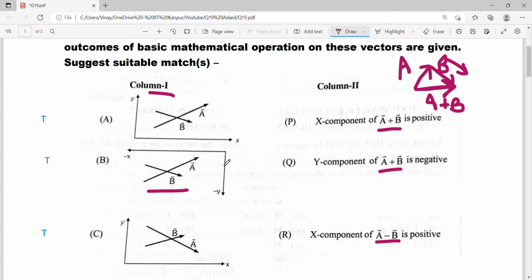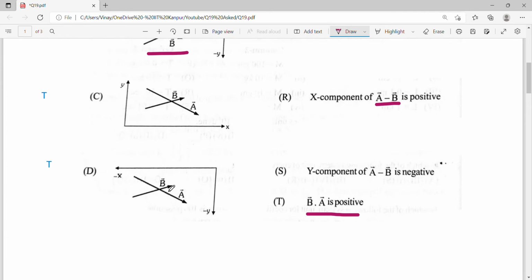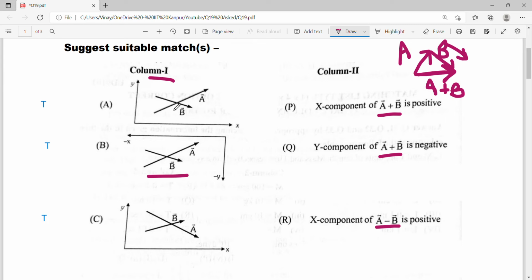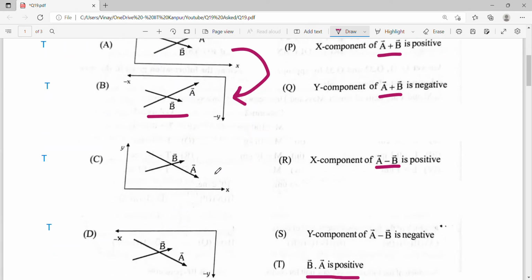Only the x and y axis. So now this x axis is negative and this y axis is negative, right? और यहाँ पे ऐसे same formation, same arrangement is here, only the x and y axis change. So what you will do, you will solve just one option and then you will try to find the answer for the other. Similarly, you will try to find the answer for A, then you will try to find the answer for B.